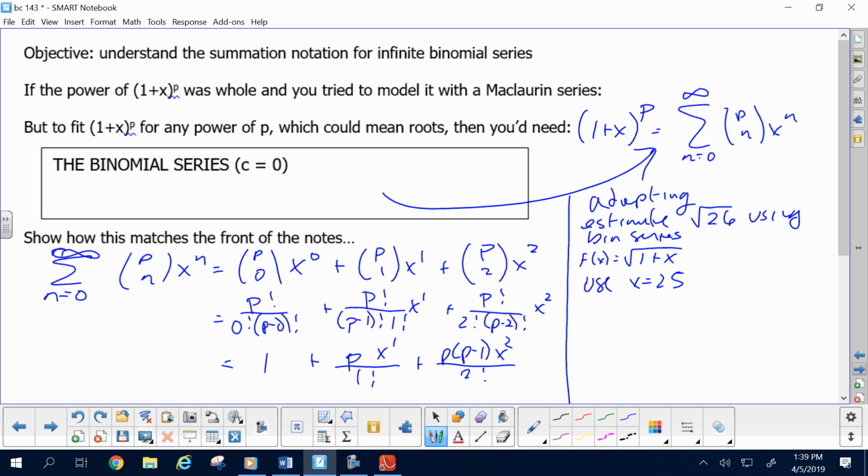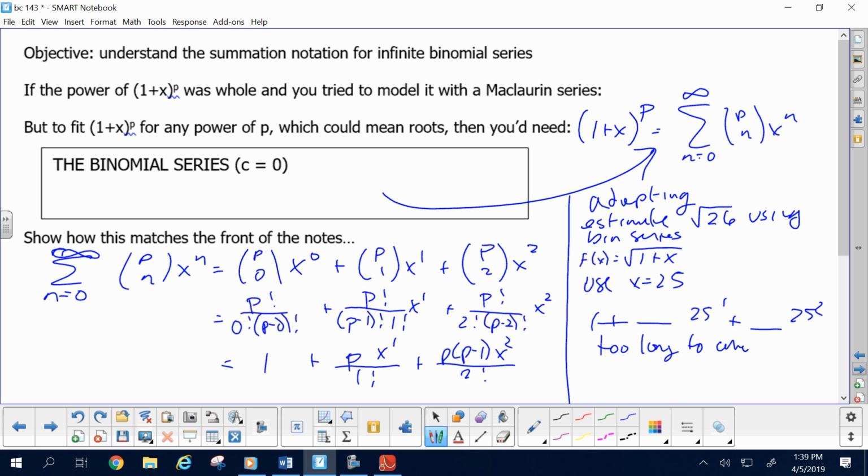Well, you could, but imagine how freaking big that would be. You'd have 1 plus 25 to the first and 25 to the second in your series. Are you with me? And eventually the factorial would catch up and start winning, and eventually it would converge, but it would take forever. And you would need just hundreds of terms to get there. So this just takes too long to converge.